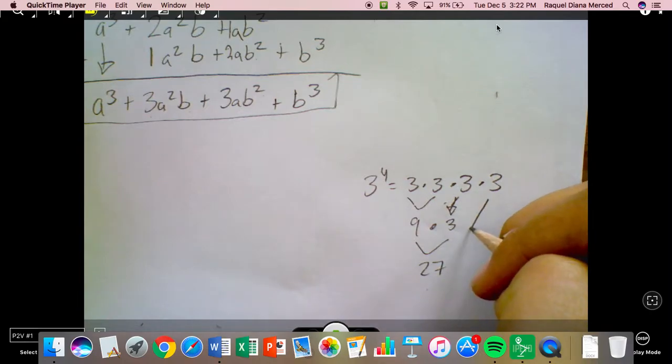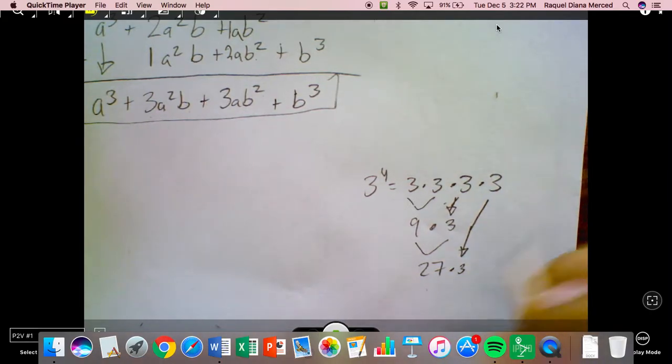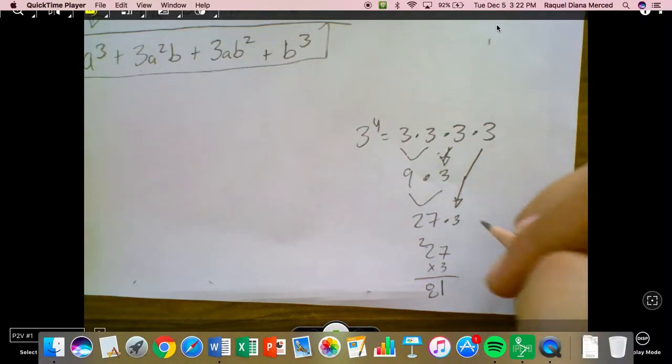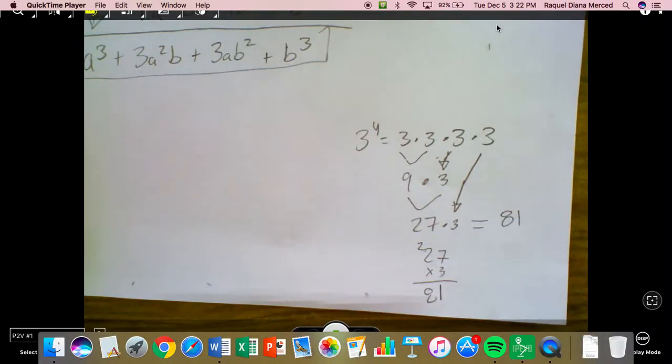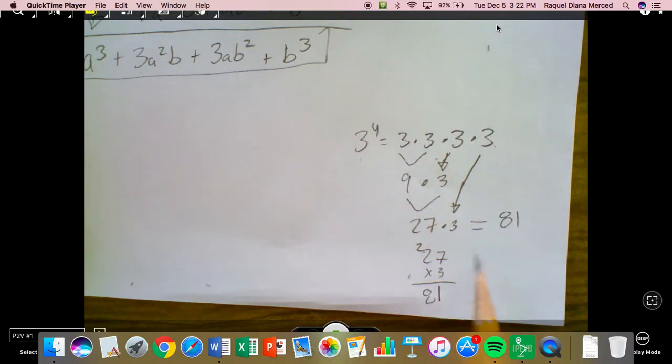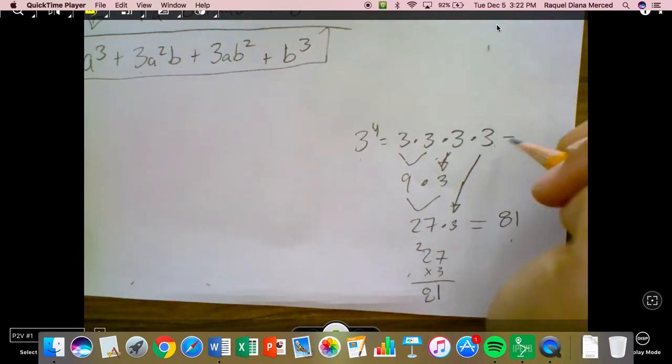And then times another 3 that I'm bringing down is, let's see, 27 times 3 is 81. So if I was to ask to solve 3 to the fourth power, all I would do is say 3 times 3 times 3 times 3, and I would get 81 as that answer.